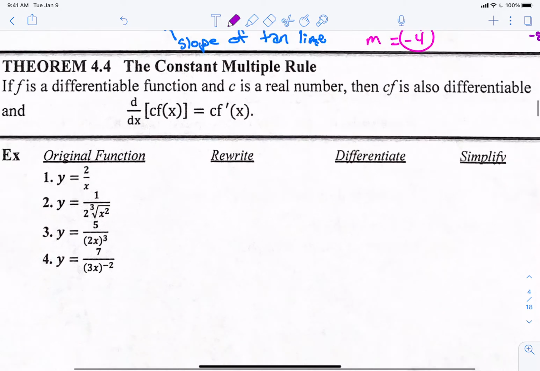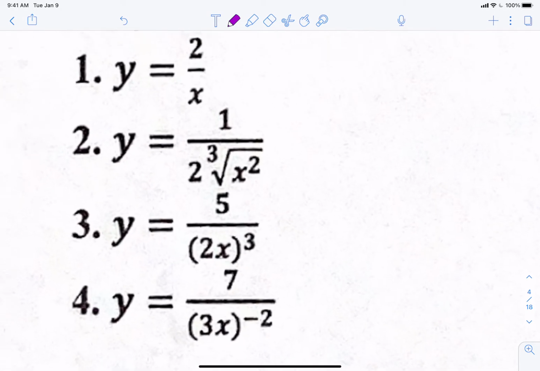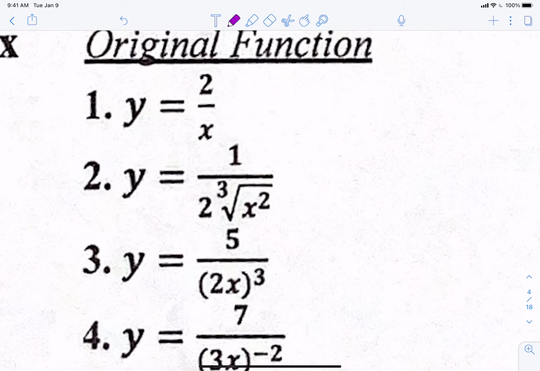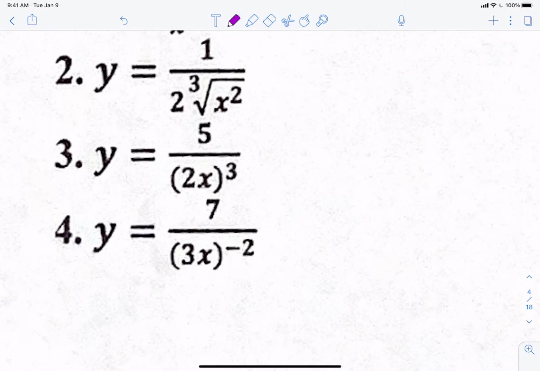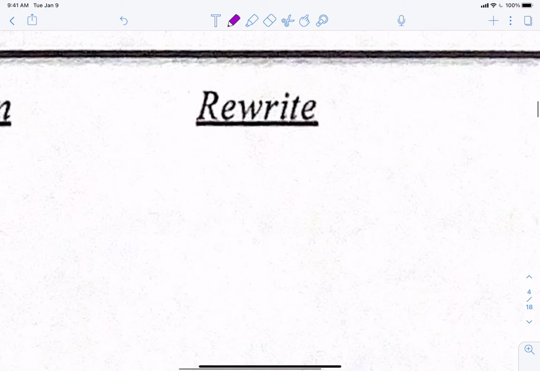Next, they're going to start making us find derivatives of functions that are kind of ugly. So this step where we rewrite the function before we find the derivative is the key.